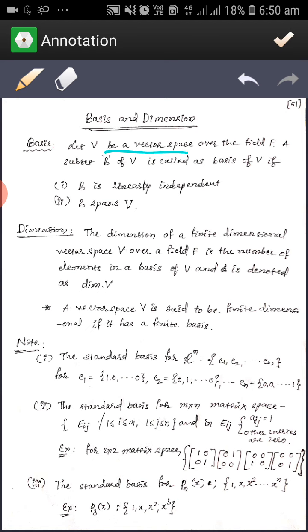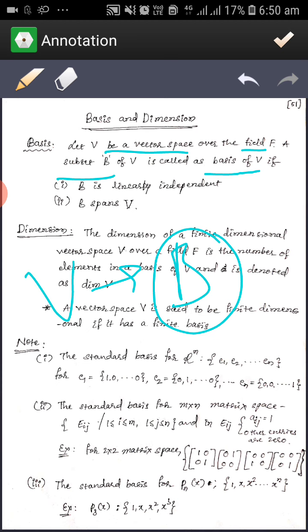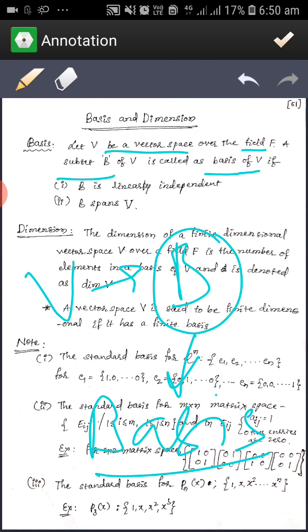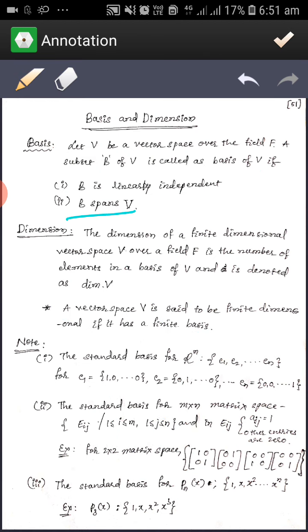Let V be a vector space over the field F. A subset B of V is called a basis of V if it has two properties: the first is that B is linearly independent, and the second is that B spans V, meaning every vector in the space is a linear combination of B.